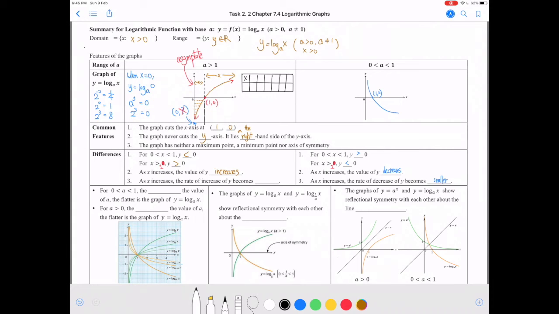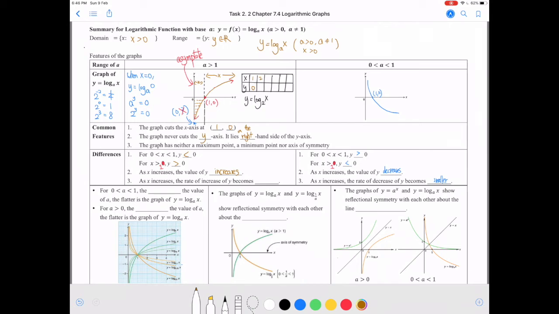This is x, this is y. Let's think together. Let's say I give you the function y equals log base 2 of x. When x is 1, what is y? Log base 2 of 1. 2 to the power of what is 1? 2 to the power of 0 is 1, right?